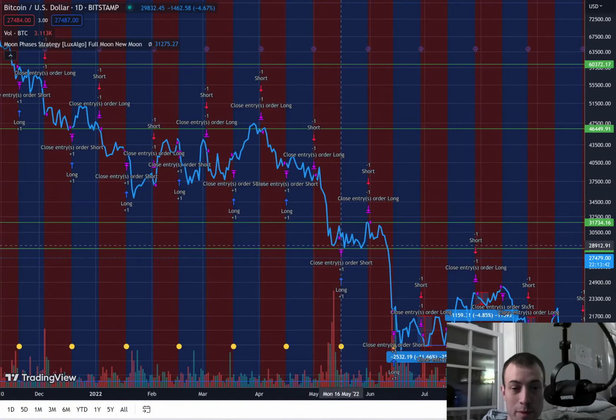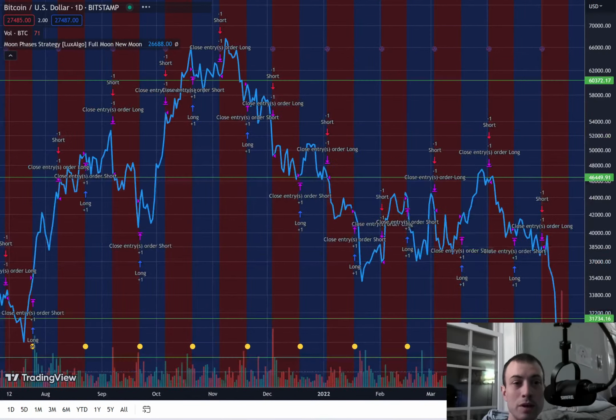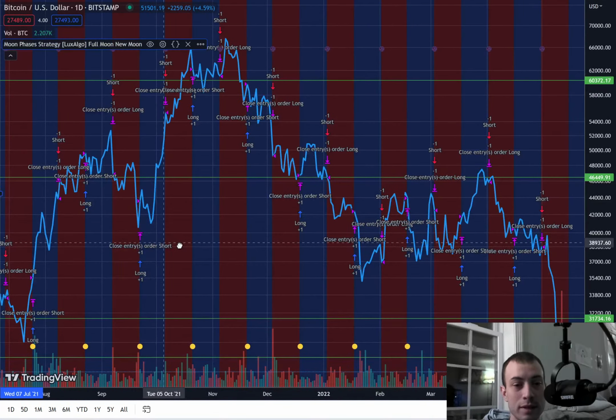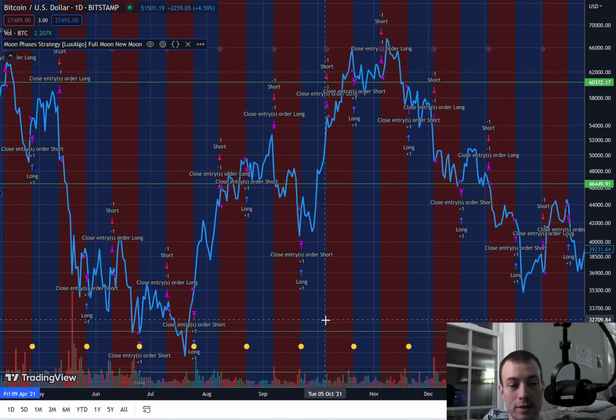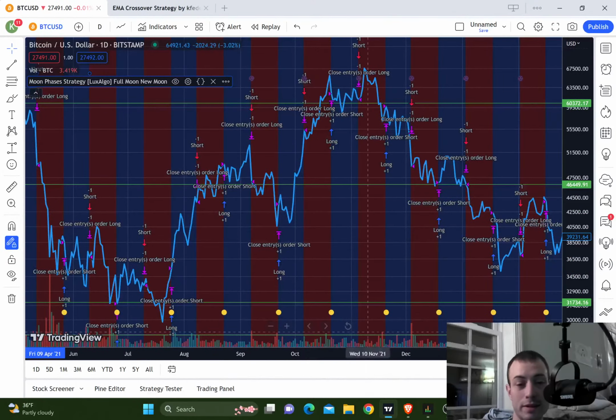I mean, this moon phase one, the Lux Algo, is the one I think you would really like. So type in moon phases and look for the one that says Lux Algo in the brackets. That is awesome.